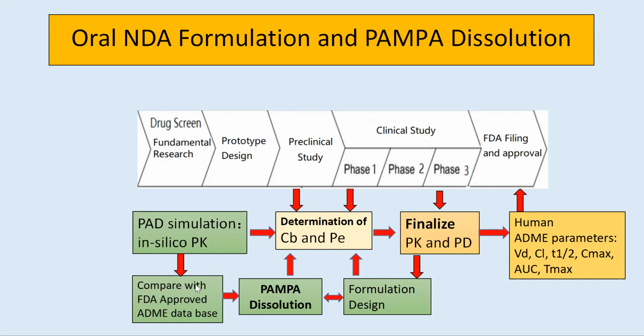Once you have your oral drug IOD selected, then you can perform PAMPA dissolution. That will give you a curve of permeation from your dosage as your IOD for your NDA. With this curve, you can start your drug formulation. Once you compare with your IOD, you can easily finish your drug formulation.